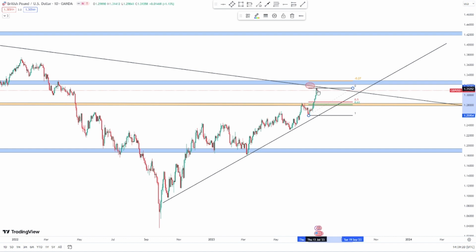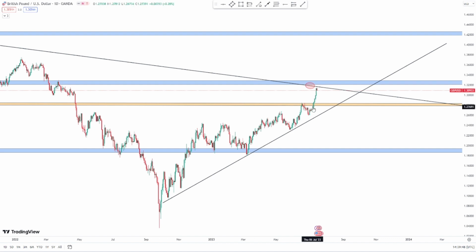So I'll wait for price to pull back into this region, and if price pulls back into this region and still shows signs of continuing to the upside to tap into the zone before it comes back, maybe create a double top around here, that's when I'll confirm that this immediate uptrend is over, and I'll be taking out my positions.